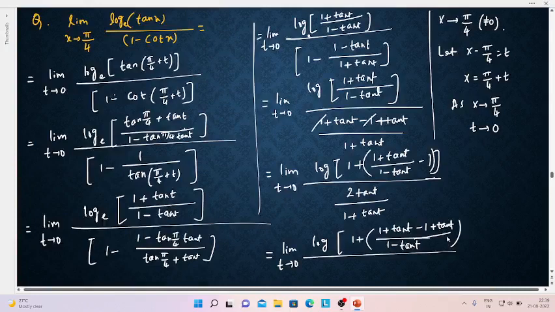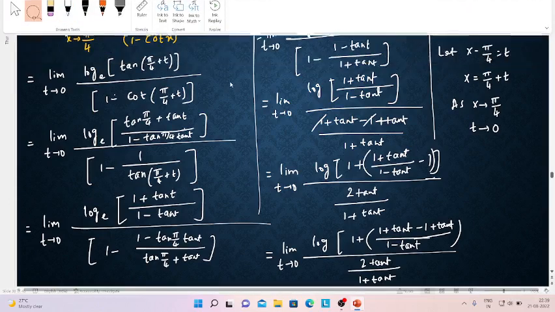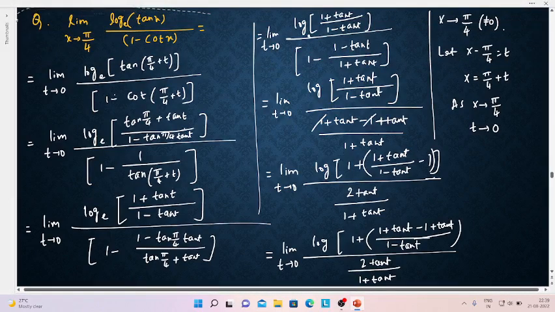It is very simple. And on the denominator we have 2 tan t over 1 plus tan t. So let me erase that part because you have already written it down.